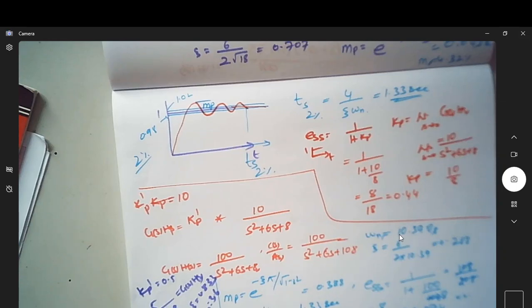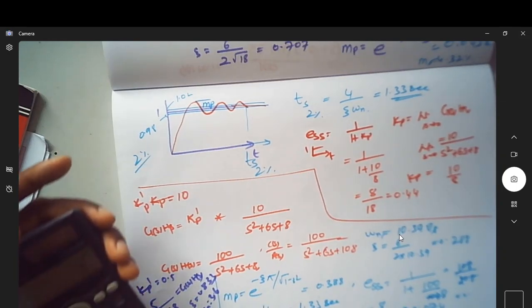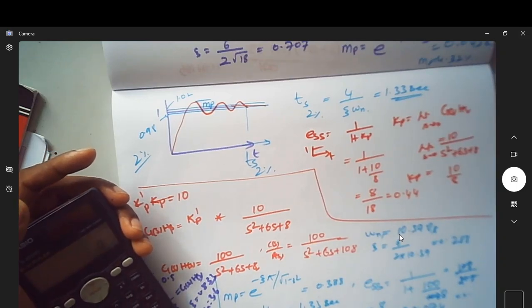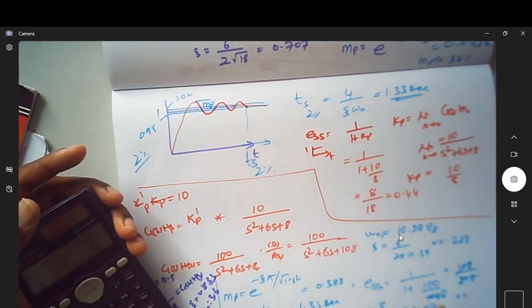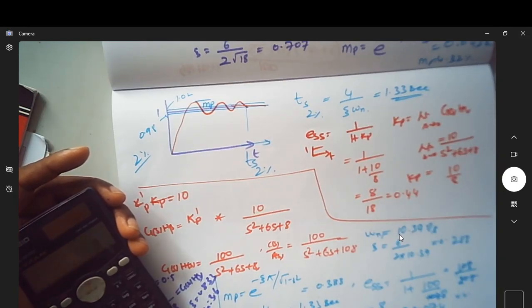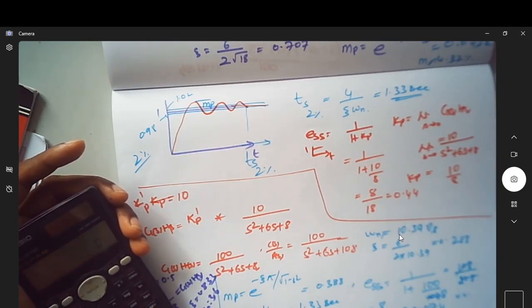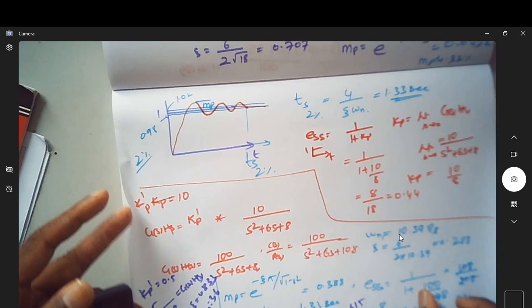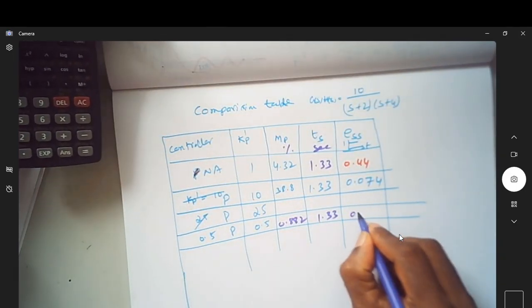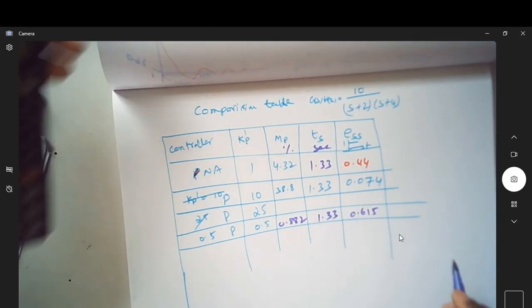This 8 will go there, so this will become 13. So now it is 8 by 13. 8 by 13 is 0.615.